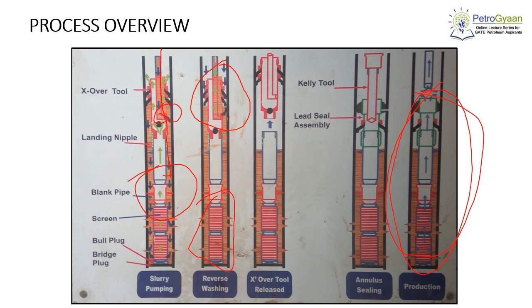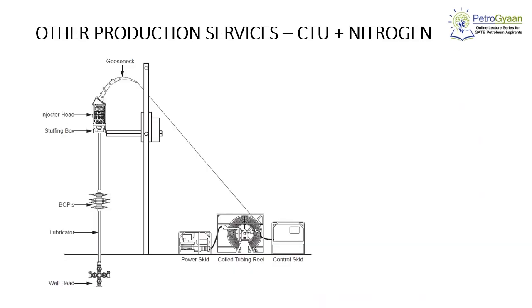So this will act as an open hole completion, and we can visualize that fluid is produced directly from the reservoir, and we are producing here in the tubing. Now, other production services are the coil tubing unit and nitrogen services, and there is a conjunction of coil tubing unit and nitrogen services. Coil tubing unit is generally used when our well is on an artificial lift system.